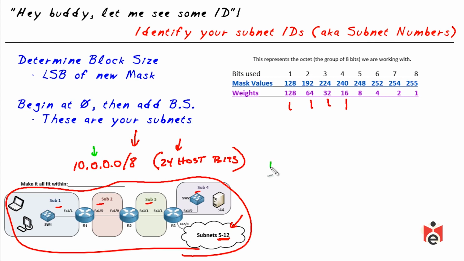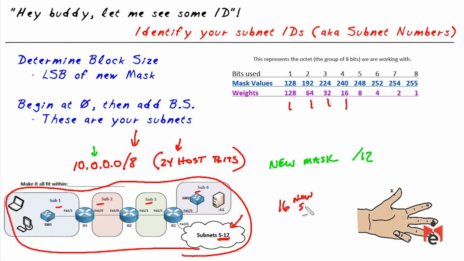Now, if you're saying the new mask would be the old mask plus the 4 additional bits, which would be 12, you are absolutely correct. That's fantastic. And now, my friends, it's time to identify what the actual subnet IDs are going to be for those new subnets. Now, by stealing 4 bits, we actually are going to have a possibility of 16 new subnets.